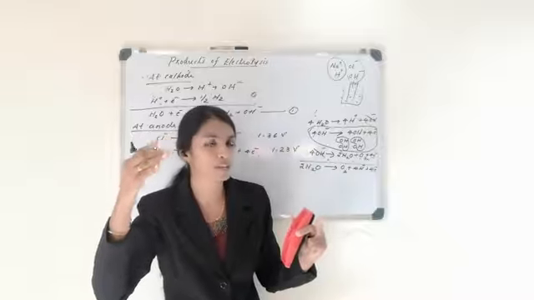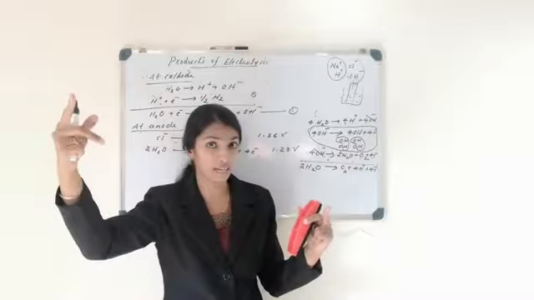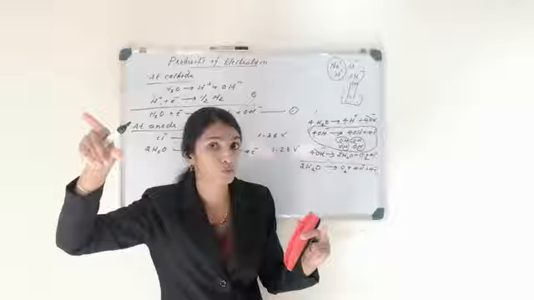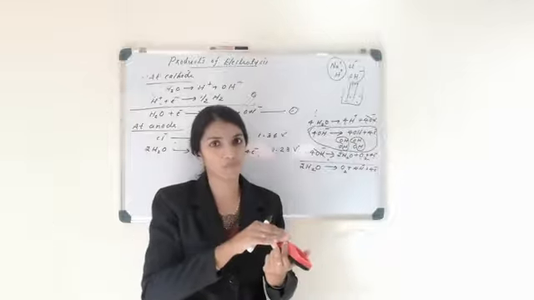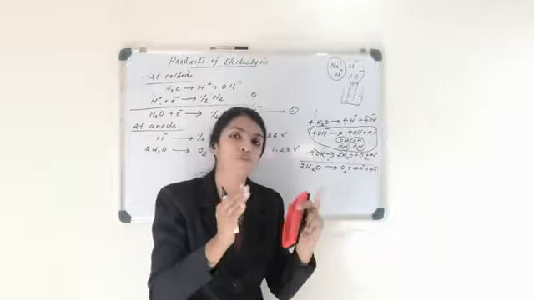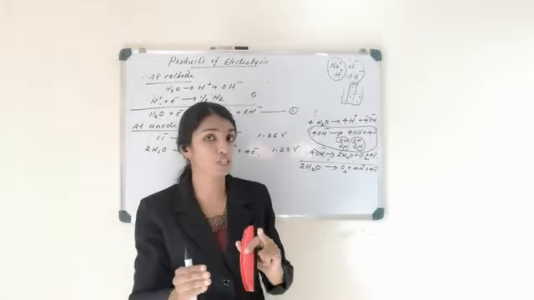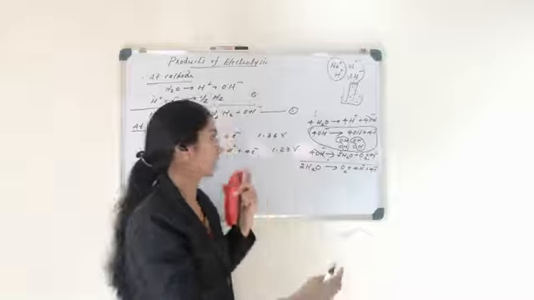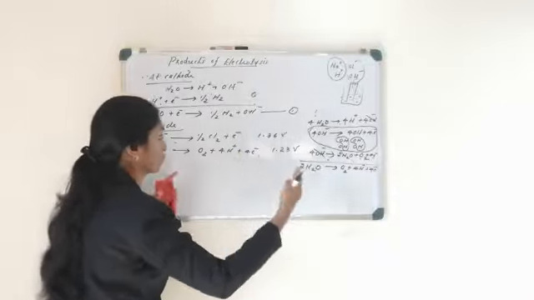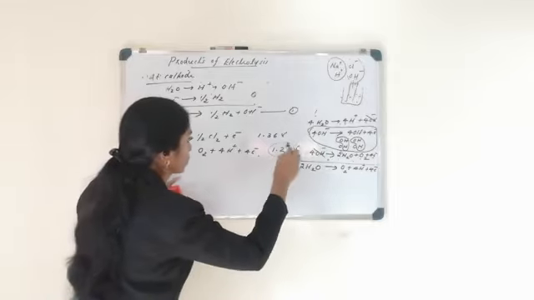Higher value of reduction potential means what? Higher tendency of reduction. Higher tendency of reduction means lower tendency of oxidation. So the one which has the lower value of reduction potential will oxidize faster. Among these two values, which one is lower? This 1.23 is lower.